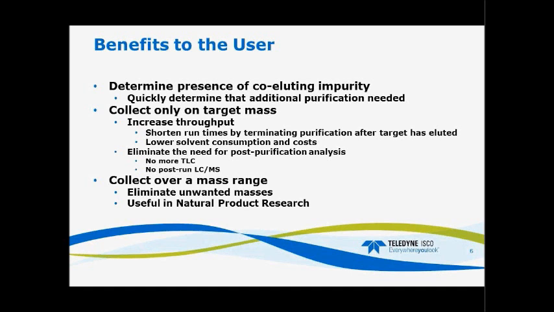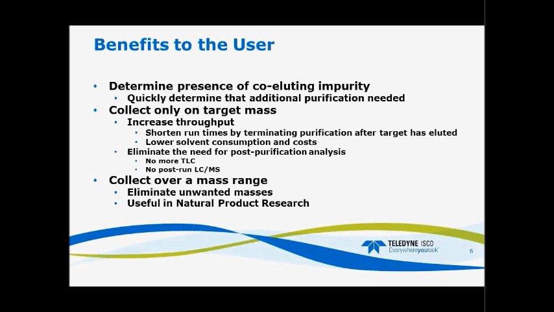You can quickly see that with mass spectrometry, where the target ion changes as you go through the peak. By using the mass spectrometer as the driver for the fraction collector, the mass spectrometer can actually advance to another fraction vial and collect that impurity separately from the peak of interest.